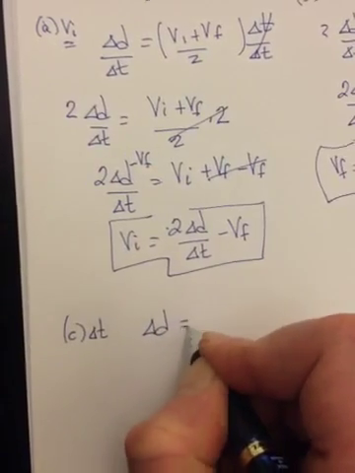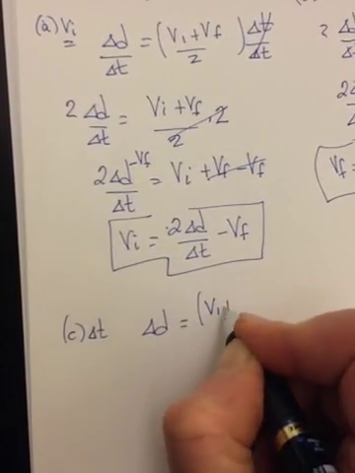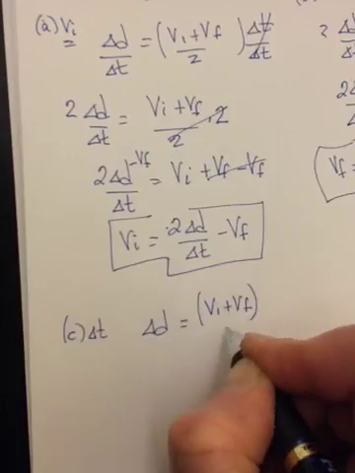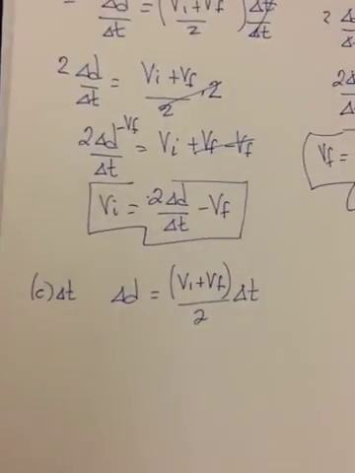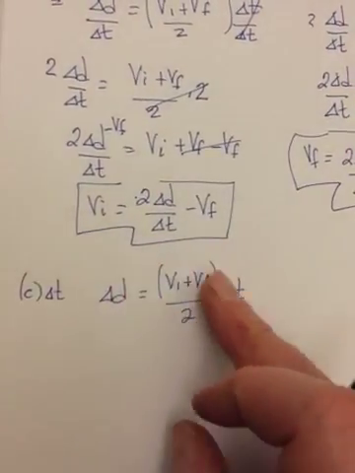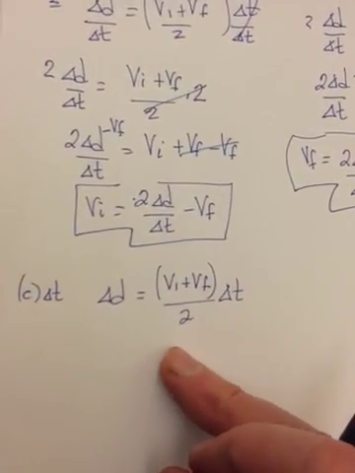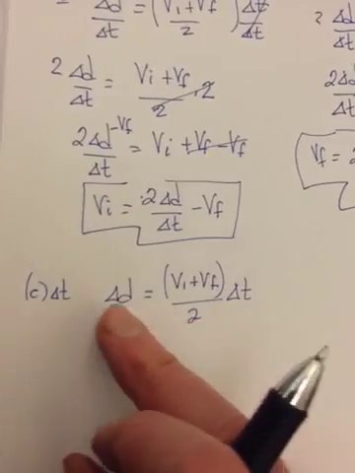So delta D is equal to VI plus VF over 2 times delta T. Okay, now some of you might be tempted to just divide by this fraction, but you can't end up with a fraction in a fraction. So instead, get rid of the 2 first.